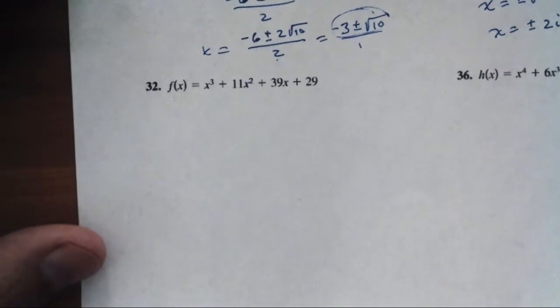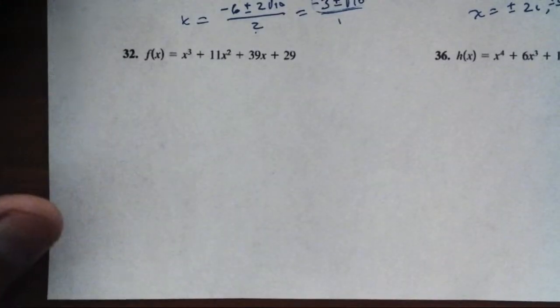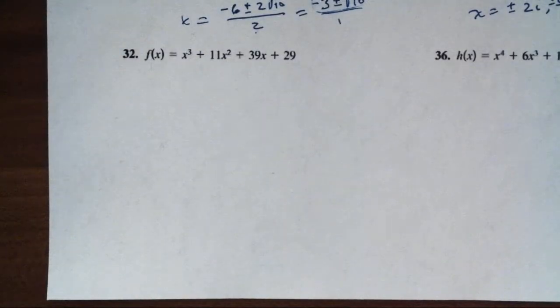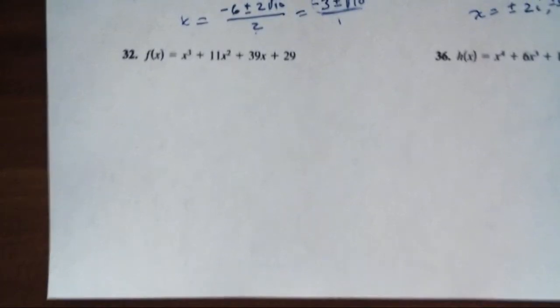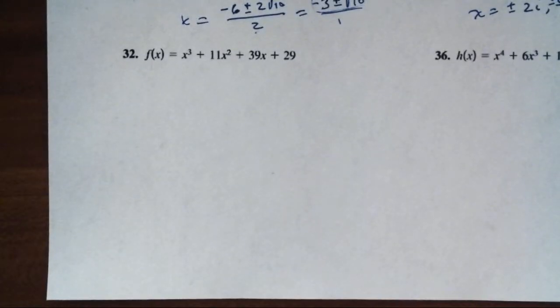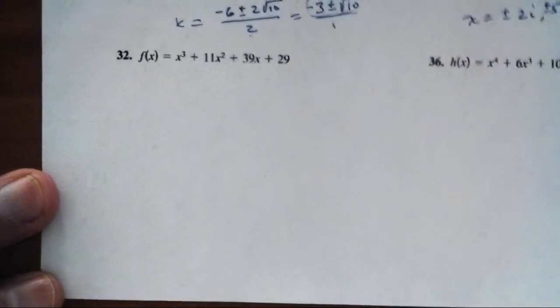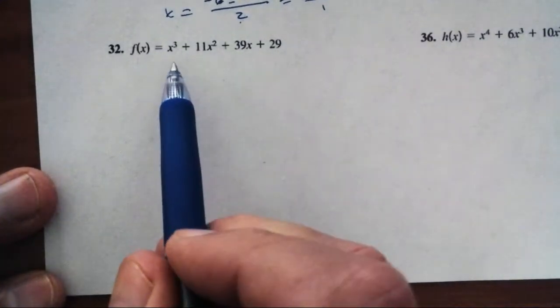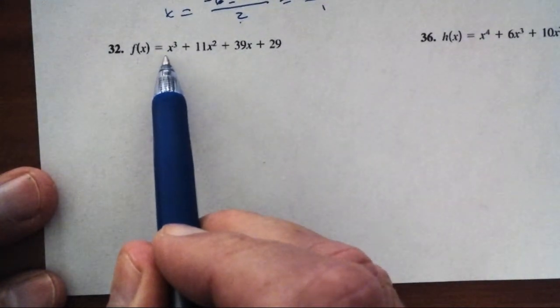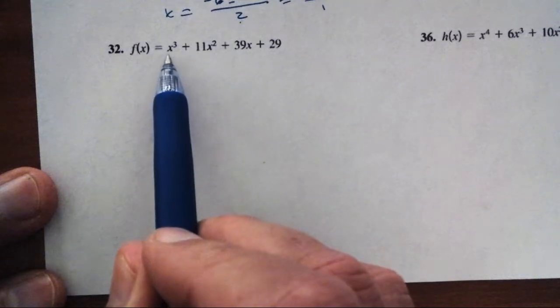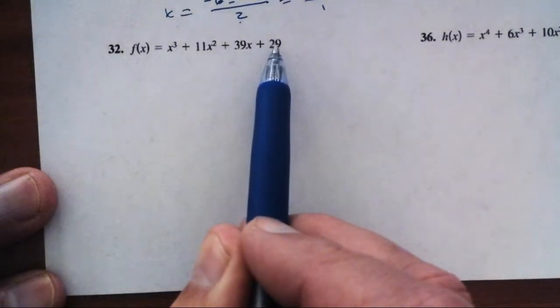Okay, now 32, cubic. I'm going to get 3 zeros in the complex number system, and maybe all 3 of them are real, but I need to get this thing broken down somehow, and we're supposed to be doing this one by hand. Well, from the previous section, we know that if there is a rational zero, it would be a factor of 29 over a factor of 1.